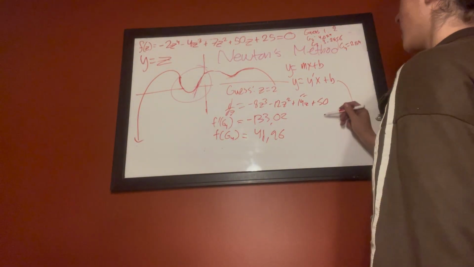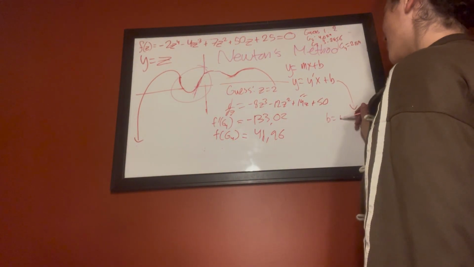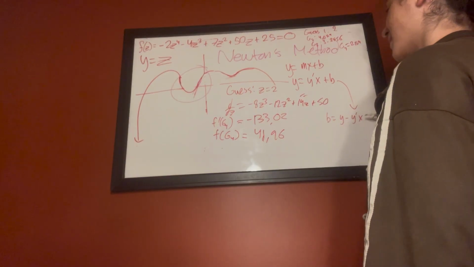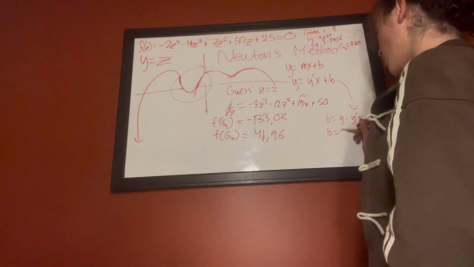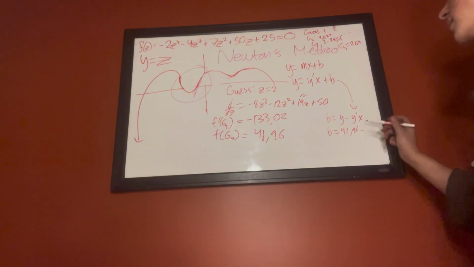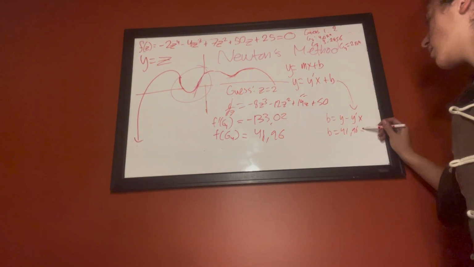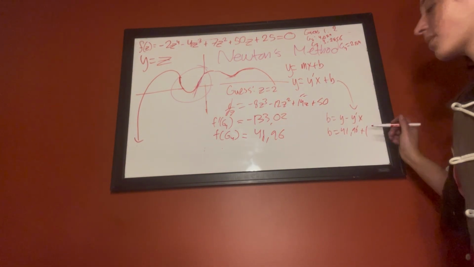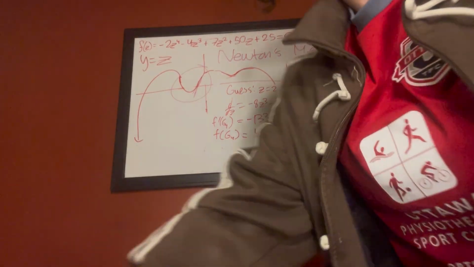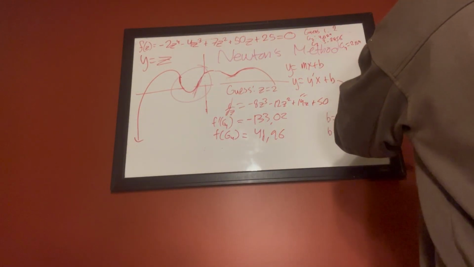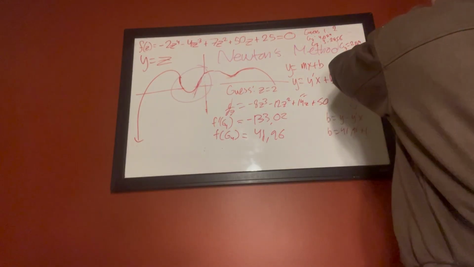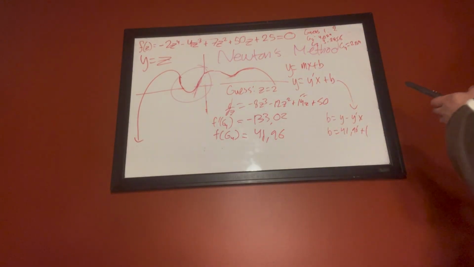We'll see. So, why do I keep on erasing this part? B is equal to y minus y prime x. So that is, B is equal to 41.96 minus, so minus and minus we'll just do plus, it's 133.02. 133.02 times my x, which is my guess, which is g4, so times 2.59.